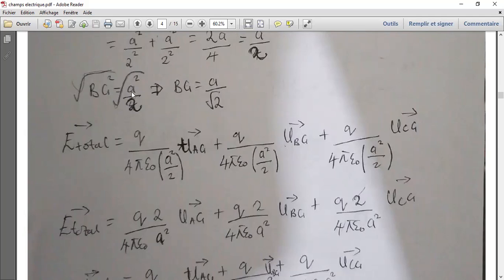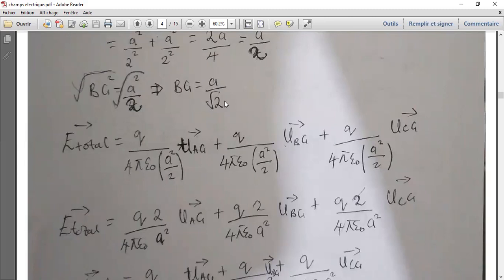If I square the A, it's A squared, so the square root will cancel out with the squared, which will give me A divided by... If I square the 2, we don't know the square root of 2. If you square 2, it will give you maybe 1.000 or 1 point something, which we don't know. So I'll just leave it in square root of 2. That's why I've said A divided by square root of 2. I don't know if it's clear.